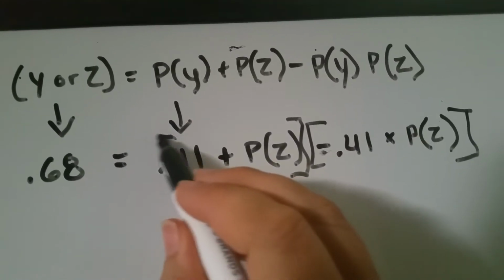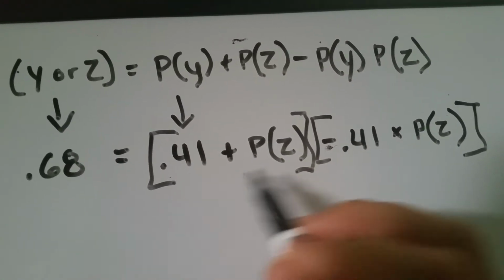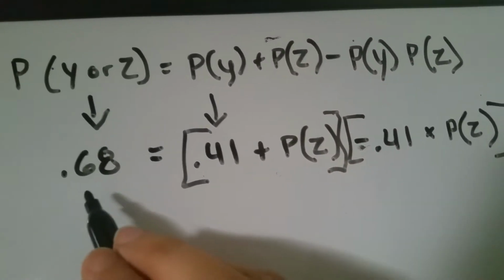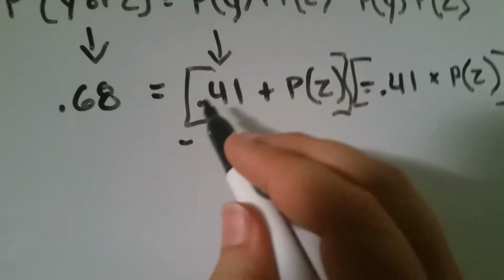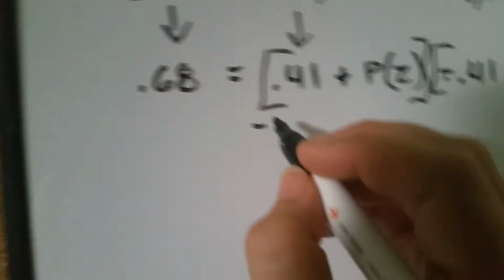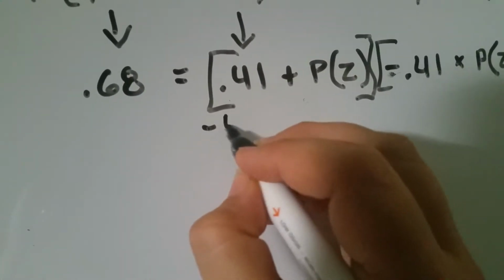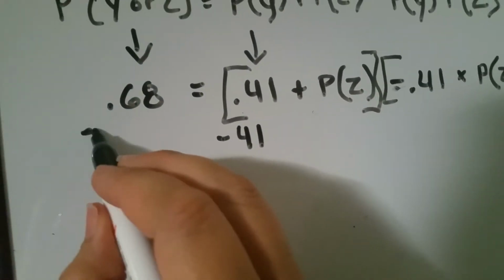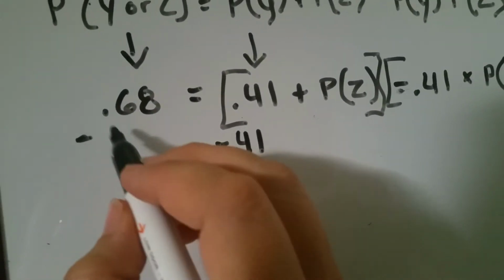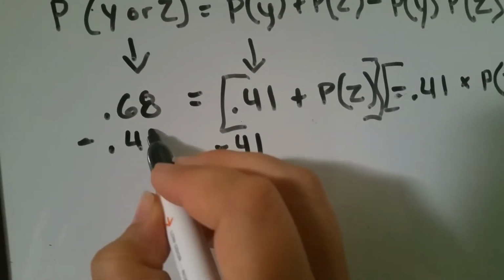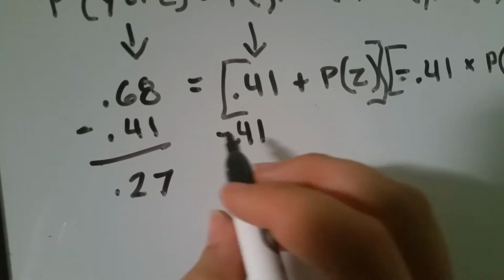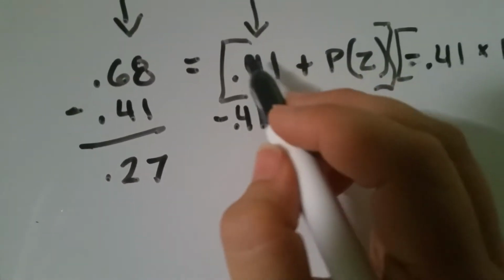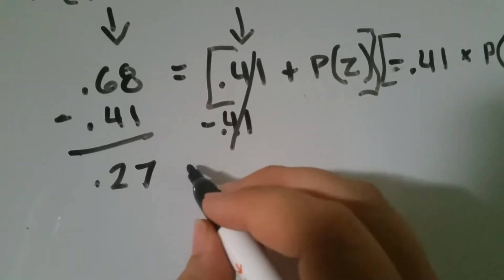This here goes with this. Now there's nothing more I can do here with those two, but since I have this here, we're going to do the opposite. Since this is a positive 0.41, if it was a negative, we have a negative sign in front of it, right? We're going to do the opposite. So we're going to minus 0.41 from both sides. I've got 0.27, and it's going to be on the positive side. These two are going to cancel each other out.